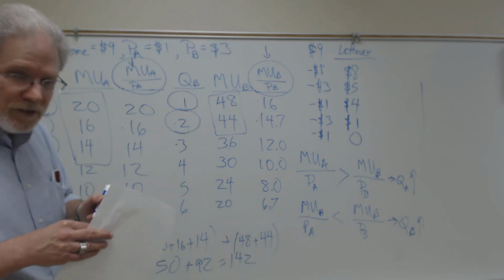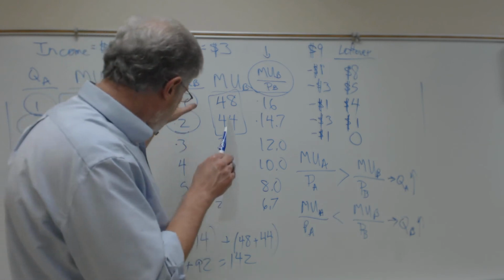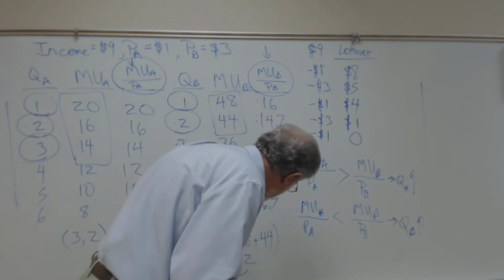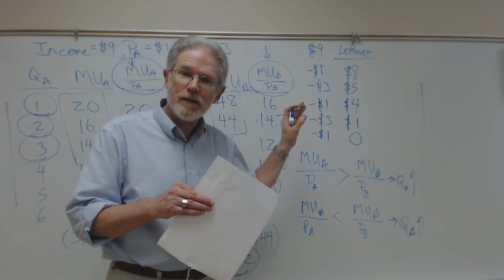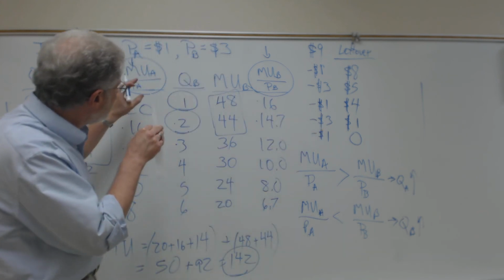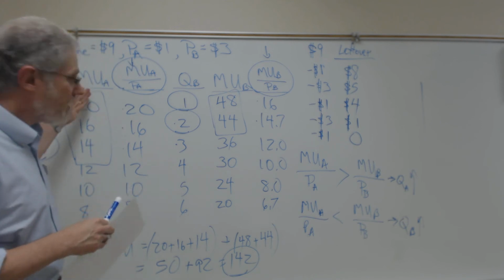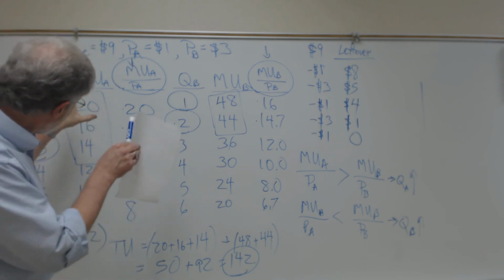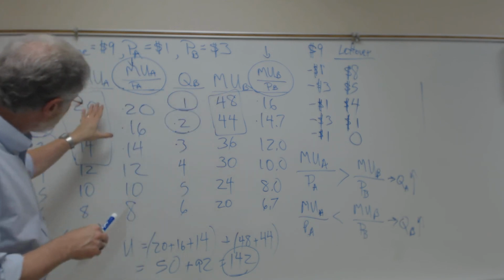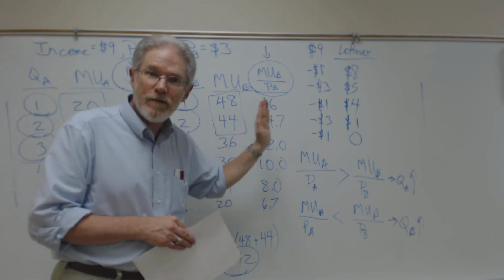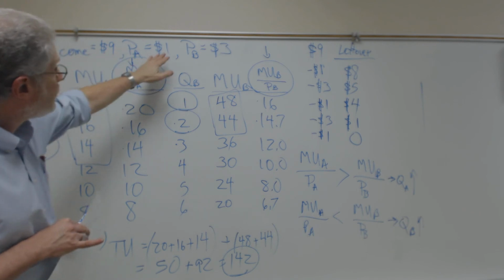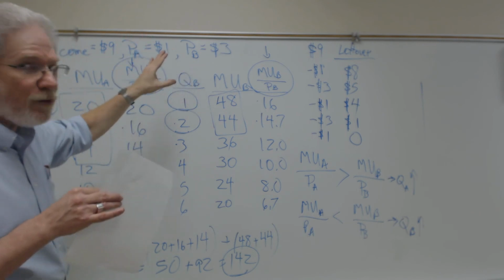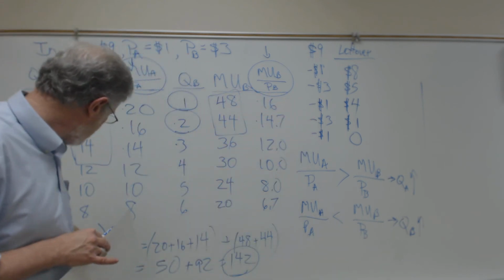If we've done our analysis right, then that means that 142 is the best way for him to spend the $9 that he has. It's the best in terms of his preferences. Given his preferences, given the value that he places on each of these goods, and given his income and the prices, he can't do better than 3 and 2.